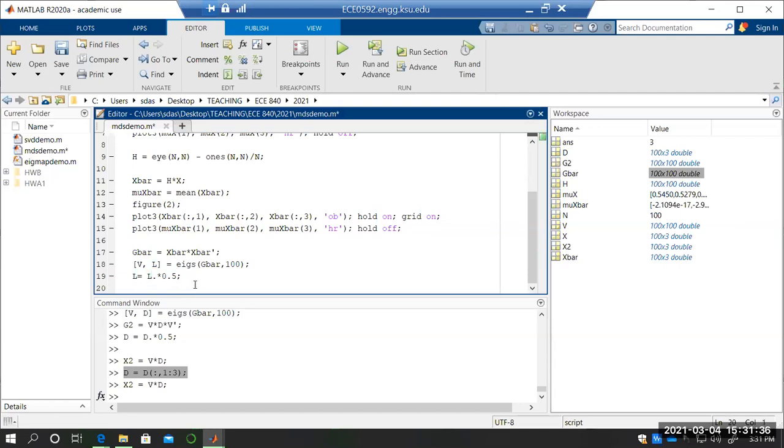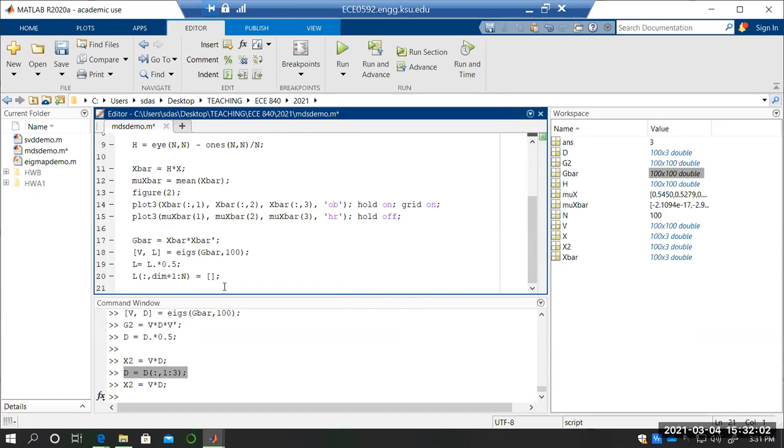Lambda, and then x2 then we'll just remove the dim plus 1 through n, all those columns. Okay, and so then x2 equals V star L.